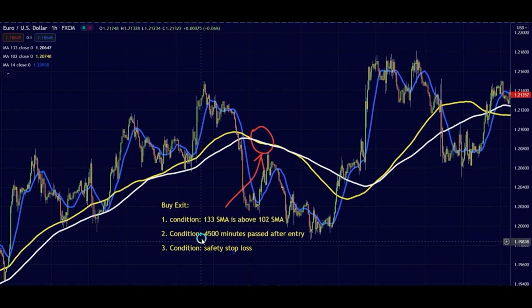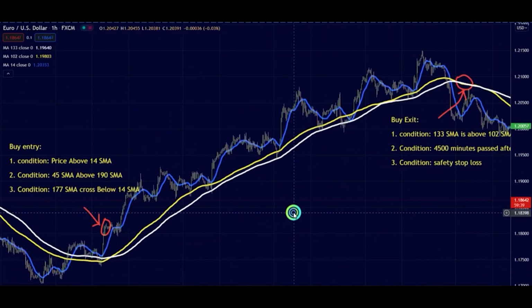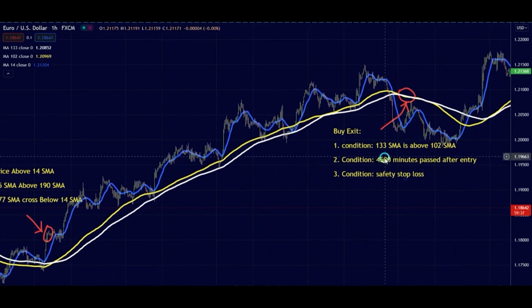And the other thing that will help you a lot in your trading is that 4,500 minutes has to pass after the entry before you can even close your buy trade, even if the first condition is great and perfect.